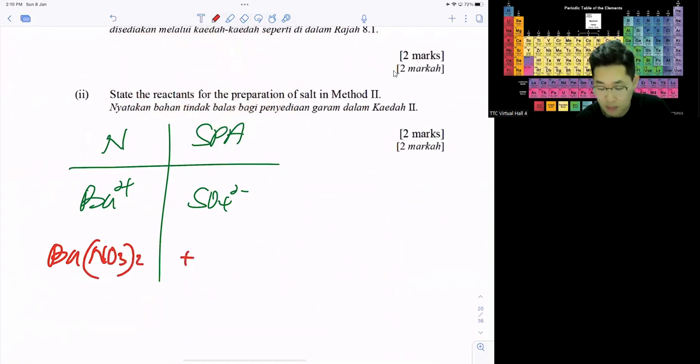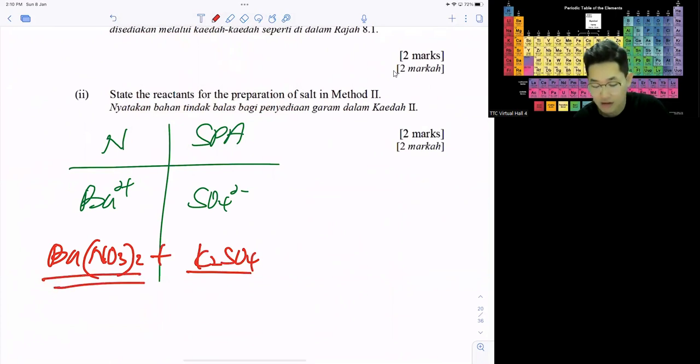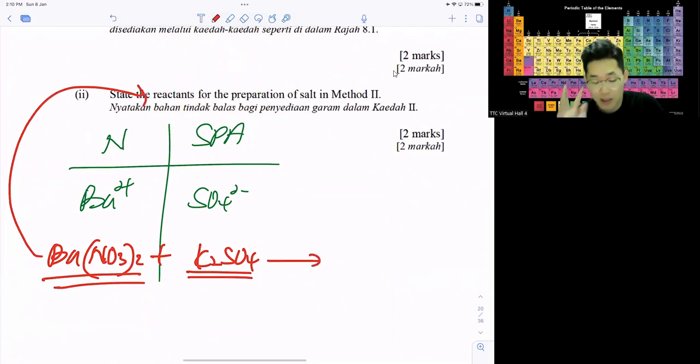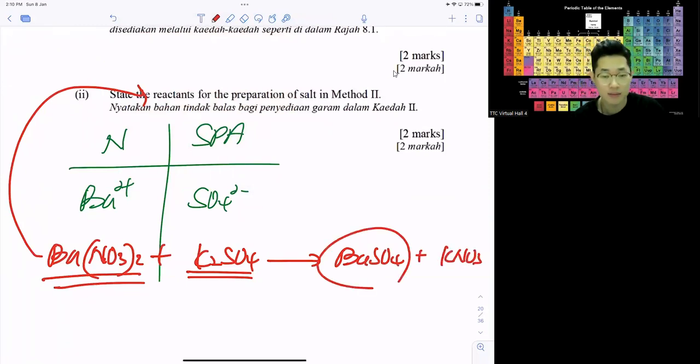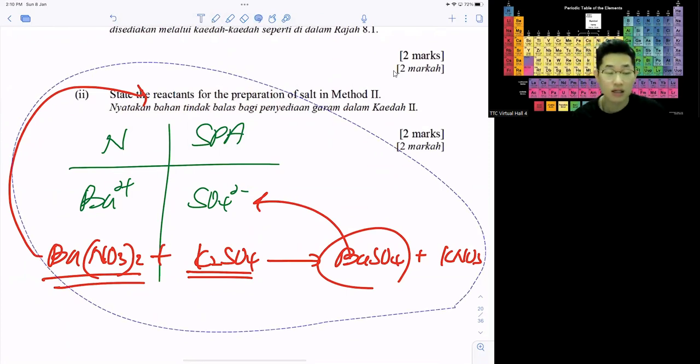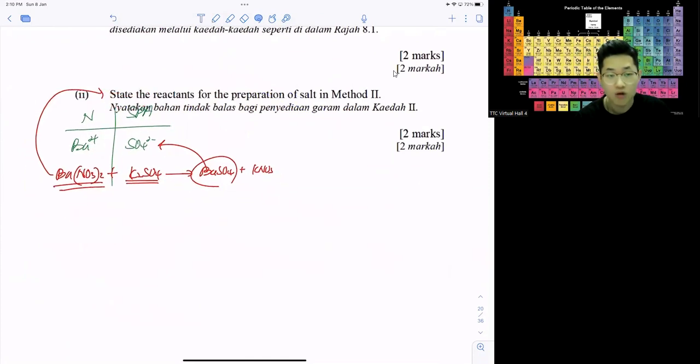Ba(NO3)2 plus potassium K2SO4. These are the reactants. If you complete the equation, you are going to get the salt. So this is the salt that you want. So eventually you will get back what you put into the cross. Just like that. Use the cross correctly and you can find that salt.